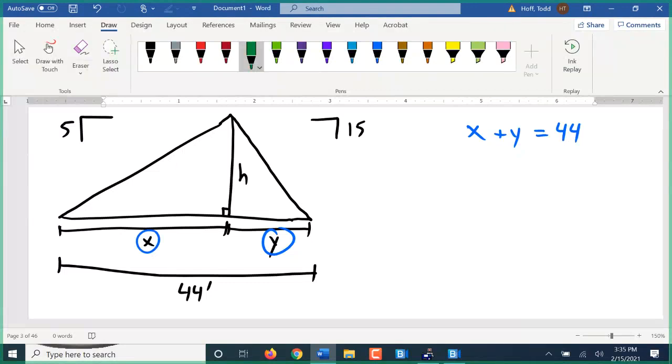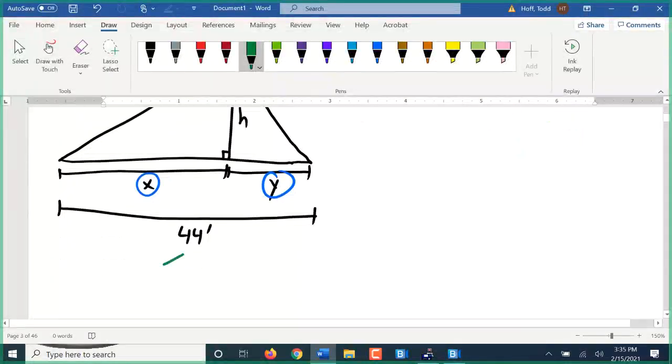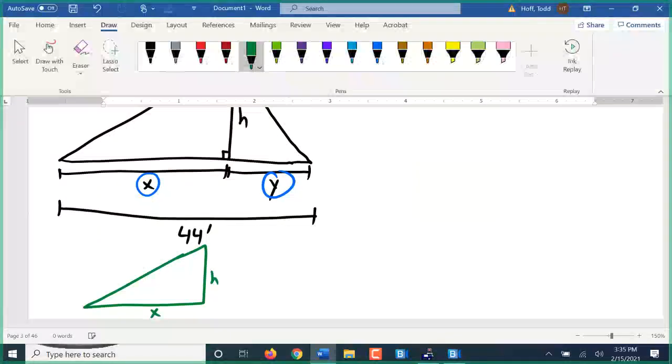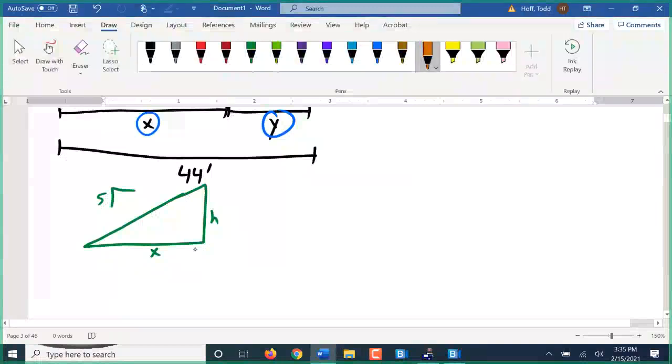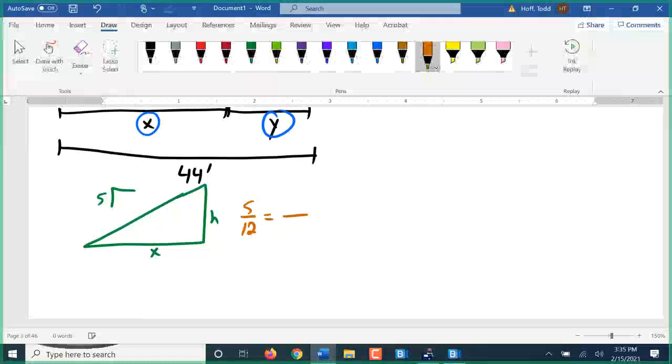Can I get more information, or how do I get more information on X? This is H. Figure out what H is. 5/12 slope. So I know that 5 over 12 equals H over X. Now I'm going to cross multiply. 12 times H is 12H. 5 times X is 5X.